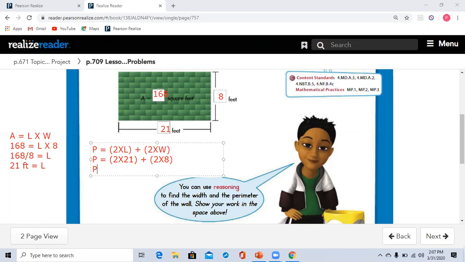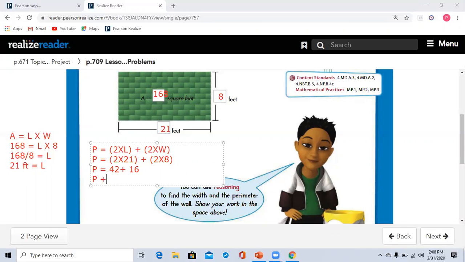So the perimeter then will be equal to 42 plus 16. 42 plus 16 is equal to 58.